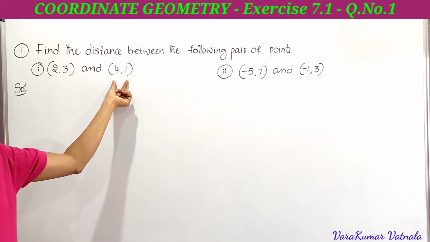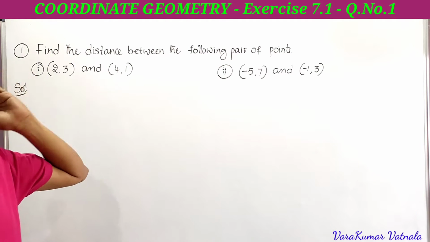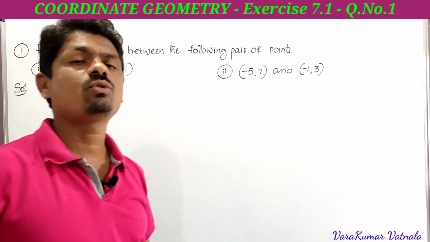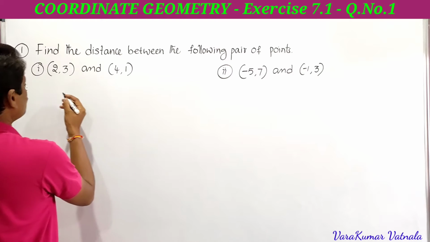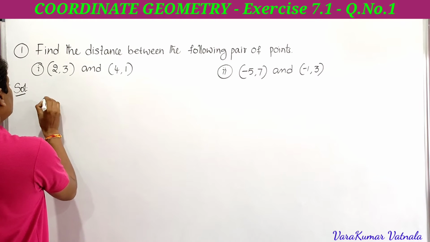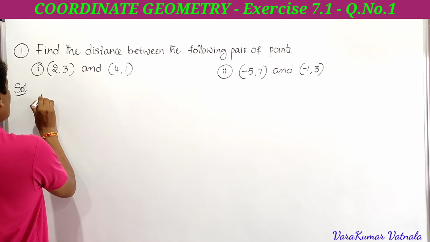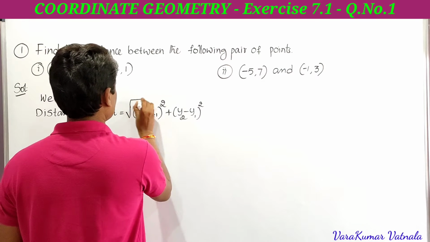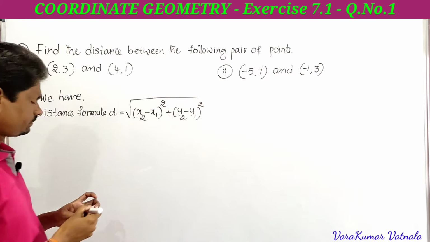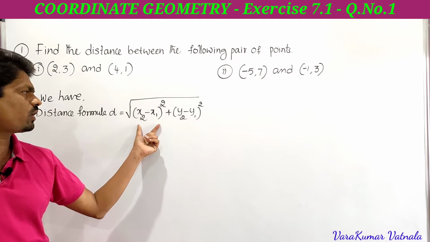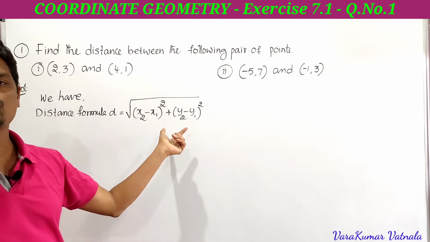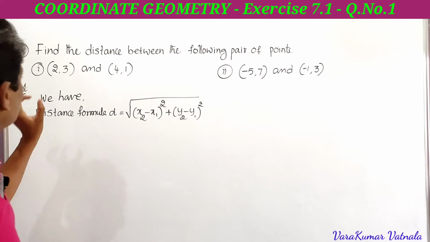So we have to use the distance formula: D is equal to square root of (x2 minus x1) whole square plus (y2 minus y1) whole square.